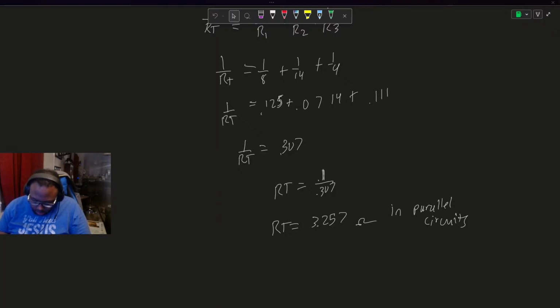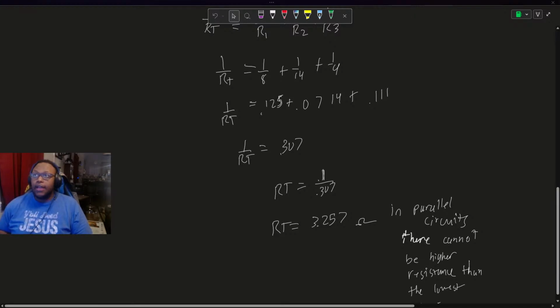In parallel circuits, there cannot be higher resistance than the lowest resistor.